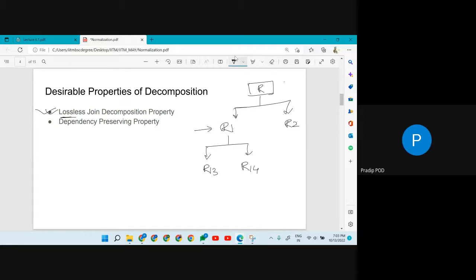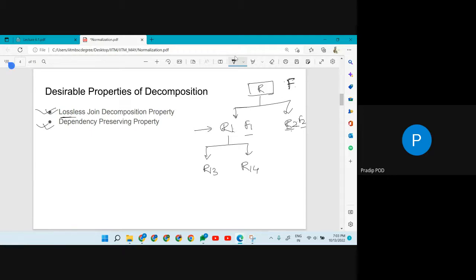And the second one is dependency preserving. Dependency preserving means, suppose this table has this functional dependency F, and you decomposed it into R1 and R2. You get F1 and F2, where F1 is the functional dependency associated with R1, and F2 is associated with R2.